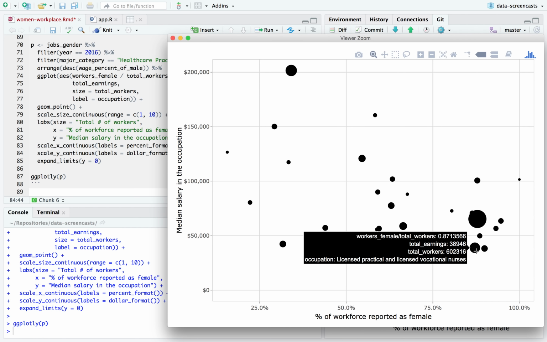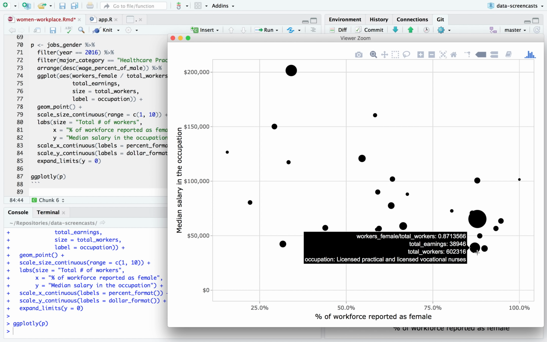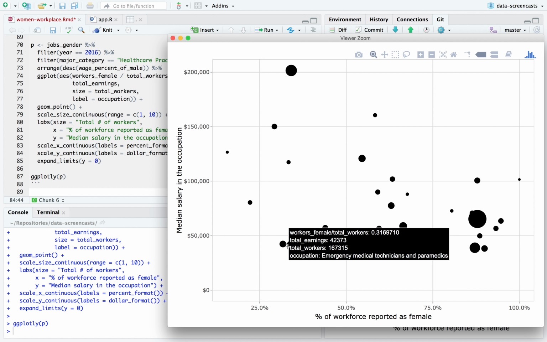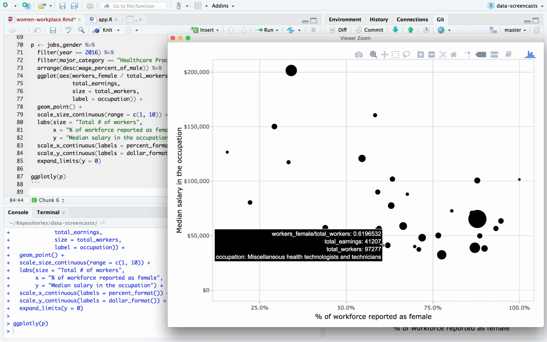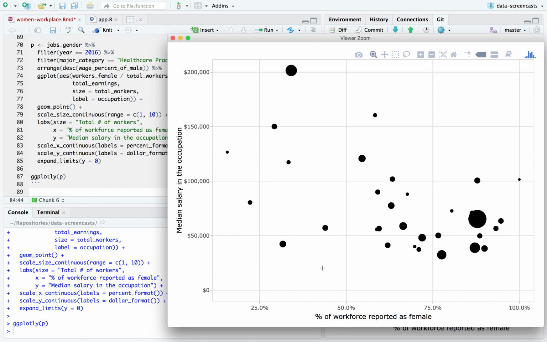Whereas some of the lowest paying ones within it, like vocational nurses and support technologists, technicians, tend to be the areas that are female dominated. So this negative correlation is also an important part of it. It's not all negative correlation. We see ER workers, male dominated and lower wage, but this is an important piece, but it's also a lower number. We have to focus kind of on these ones with the most people.